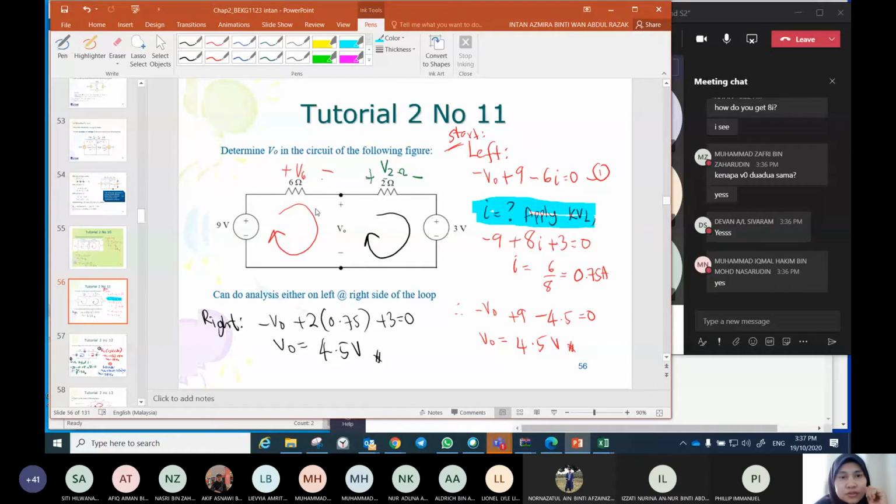Okay, 4.5 involves 6 ohm and 9 volt, or it is equal to the summation. When I mention summation, it's not necessarily A plus B. It may be A plus minus B, okay? So that V0 also is equal to the summation of the voltage of 2 ohm and 3 volt. Okay?